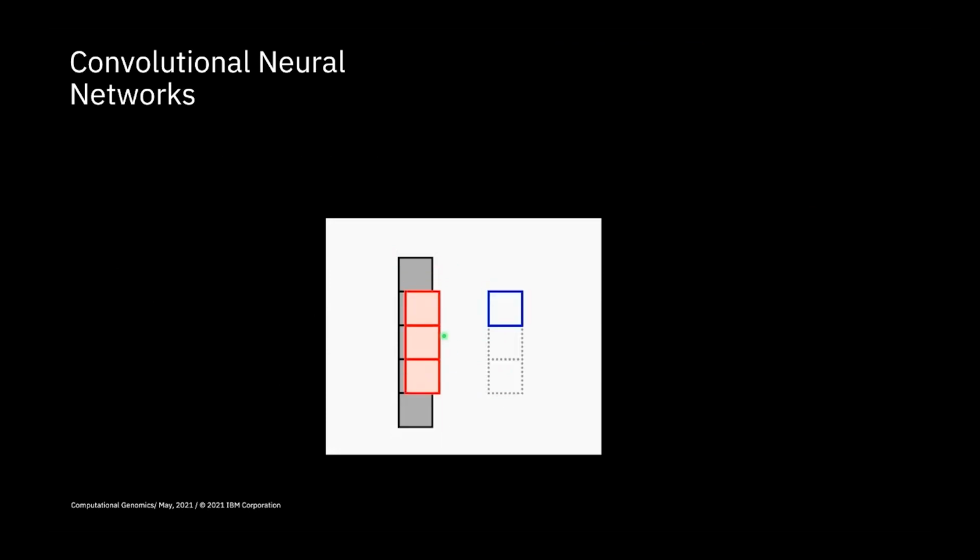Multiple filters give us multiple channels, and convolutional neural networks have proven themselves very good for visual tasks, with a lot of success there. So we thought to use them for this classification task.